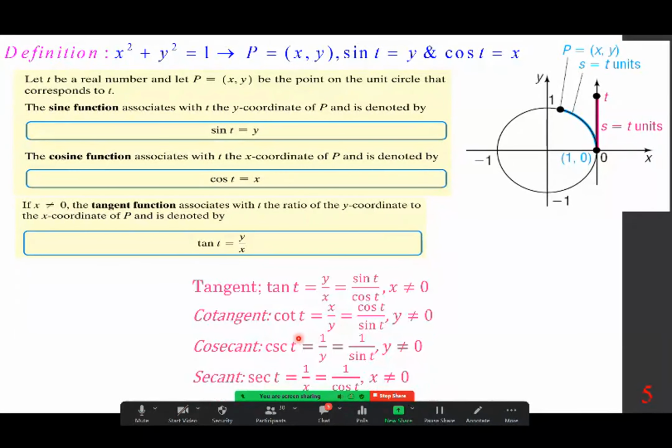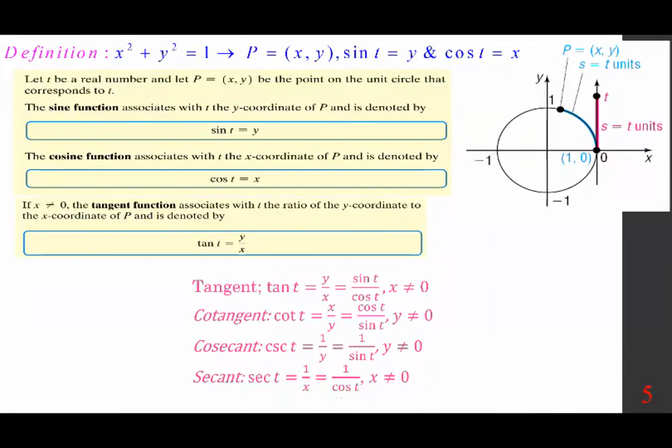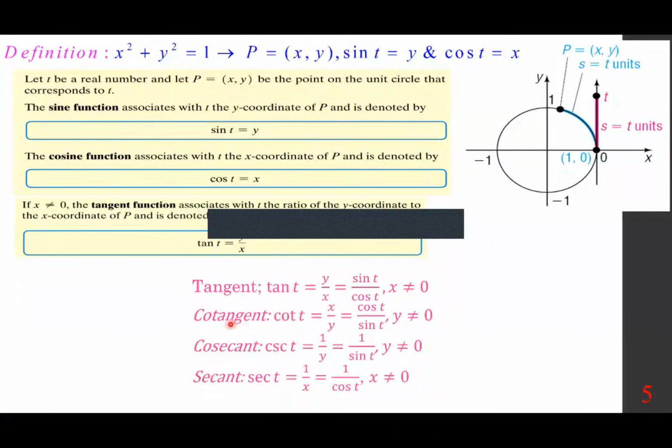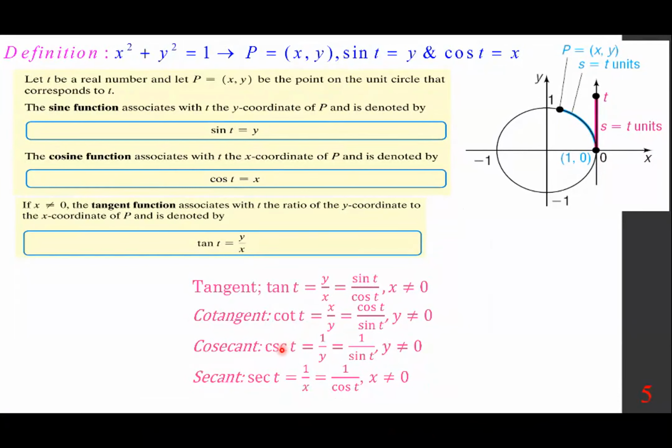Then we have the reciprocals. Cotangent is the reciprocal of tangent. Cosecant, the reciprocal of sine. Secant, the reciprocal of cosine. Therefore, when tangent is y over x, cotangent is x over y. Needless to say, the denominator can't be 0.